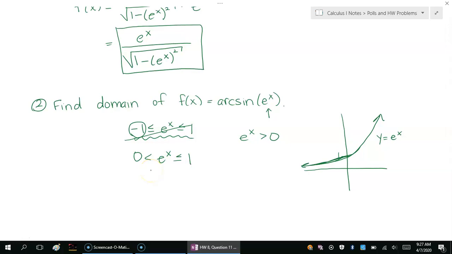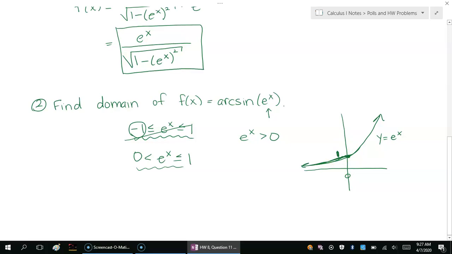Okay, I still can't take the natural log of everything, but if I combine this information with my graph, I said this point where x is 0 is where I cross at a height of 1.